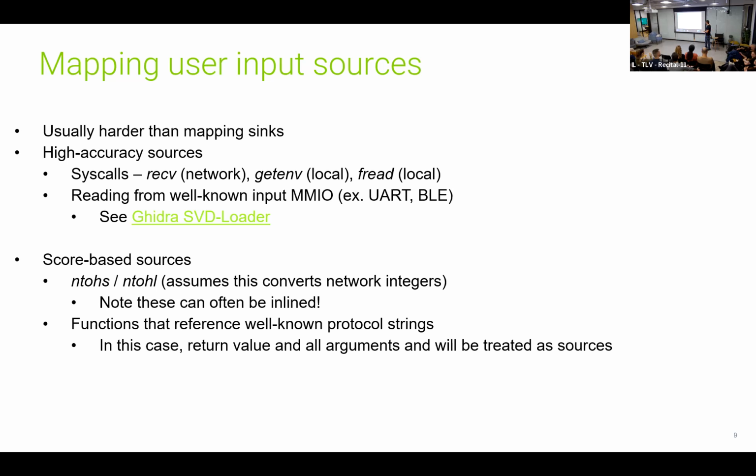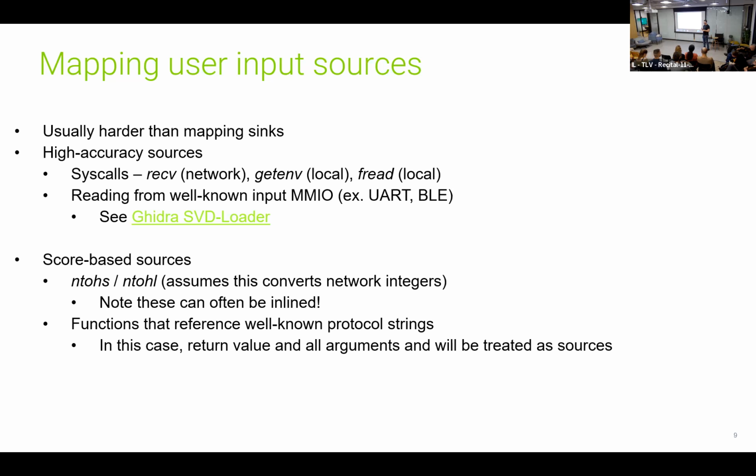So these are high accuracy sources that you can use to determine from the binary where the input is coming from. There are also score-based sources, which worked really well for us, which was pretty funny because they're things you might not consider. For example, let's say you can identify the functions ntohs and ntohl. These are functions used when writing network code that convert integers from big endian to little endian, like from network notation to host notation.